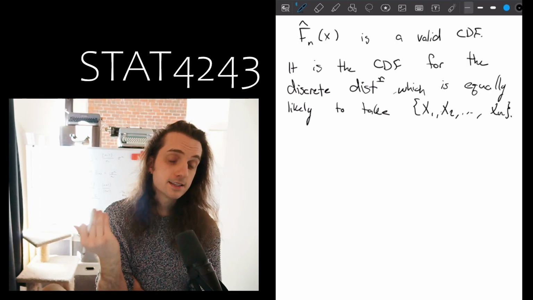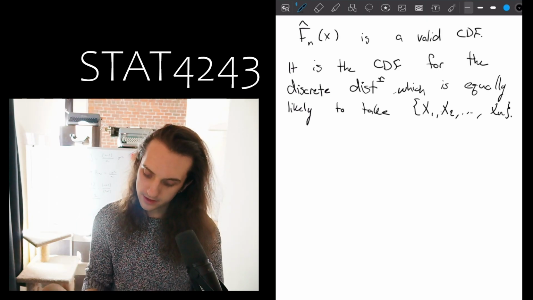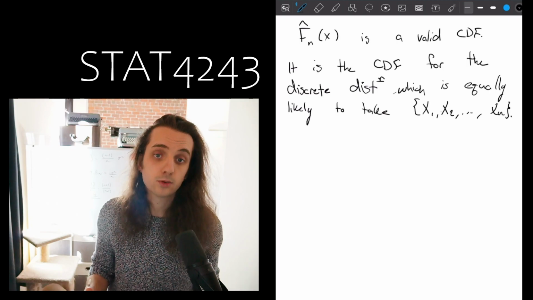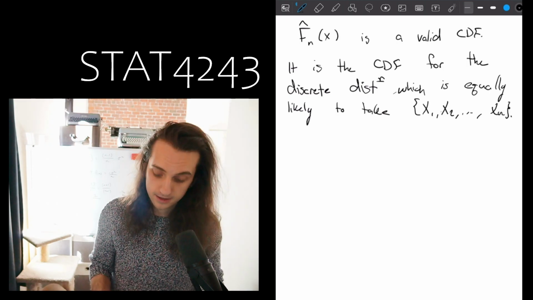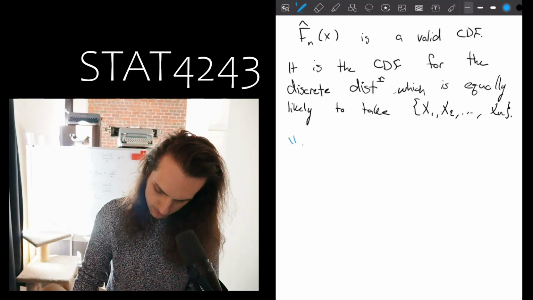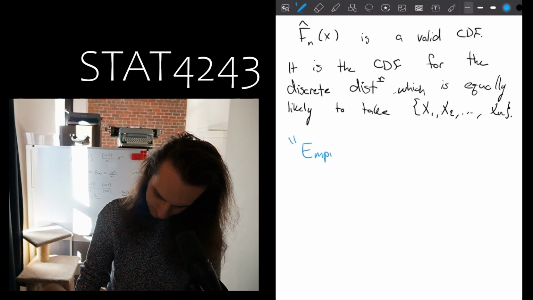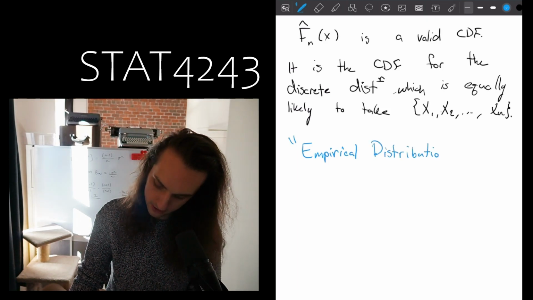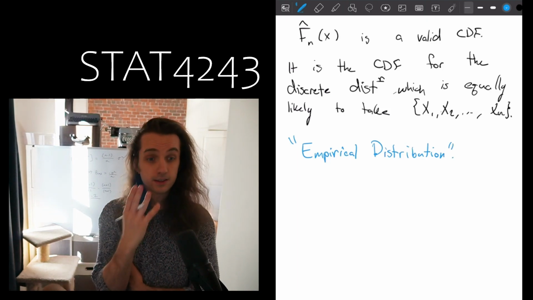And because it's this valid CDF, it's defining a valid distribution, and so we can start to work with that distribution directly, right? And in particular, we're going to be calling this the empirical distribution.